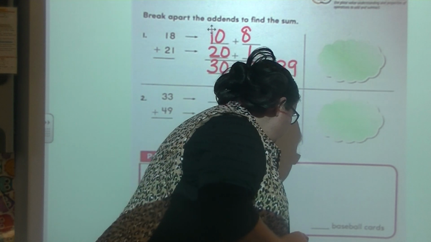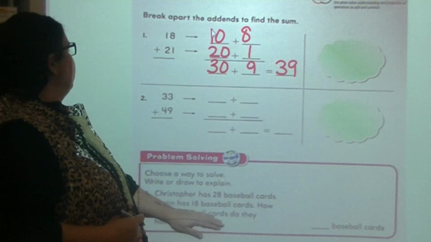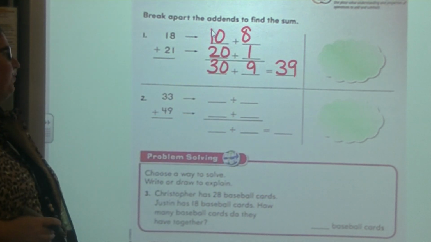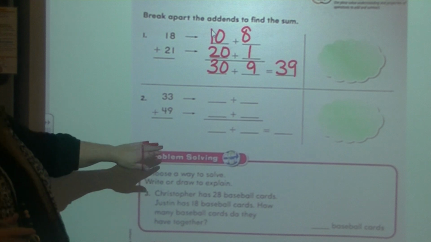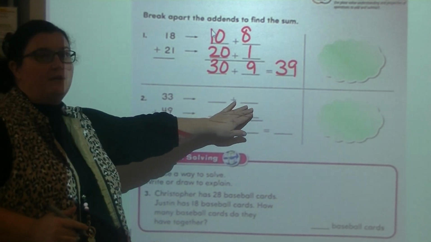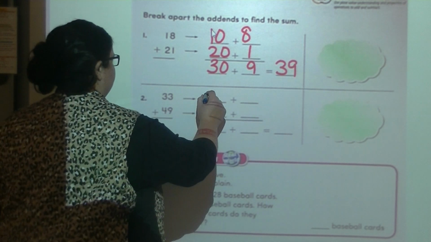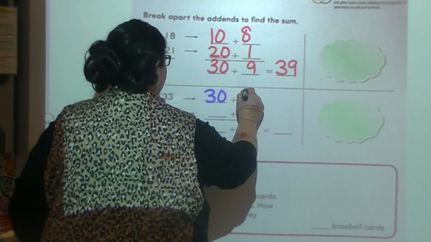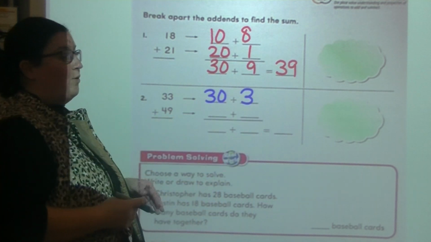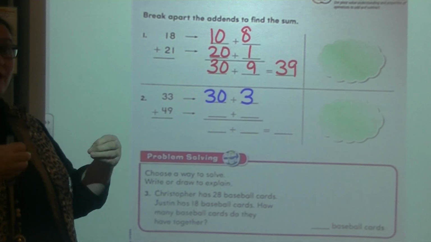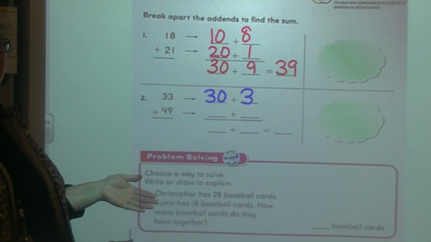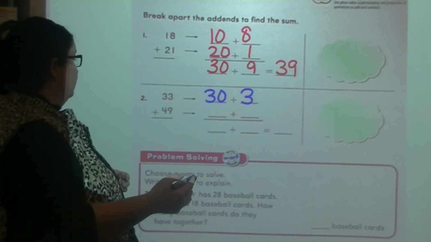Now number 2, 33 plus 49. 33 is 30 plus 3. And then you had 49. When we break it apart, we have 40 plus 9.